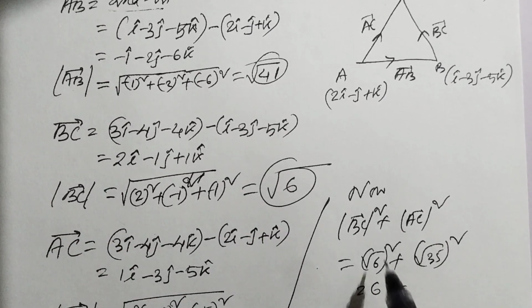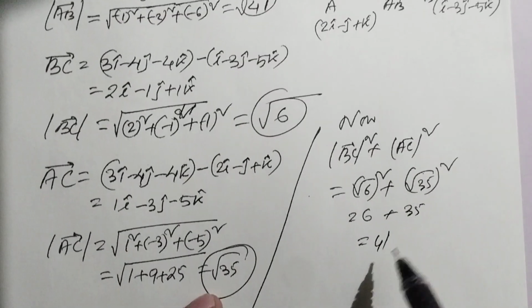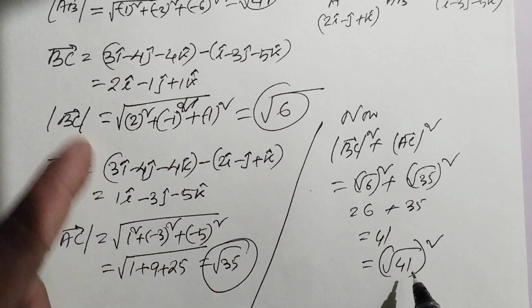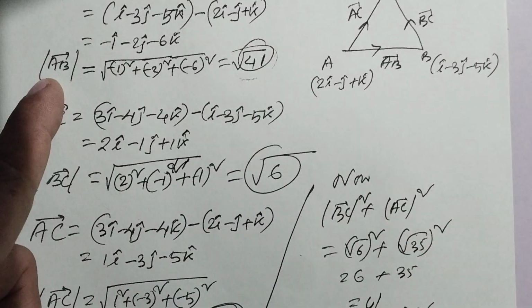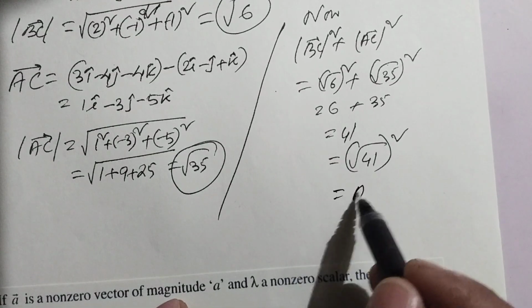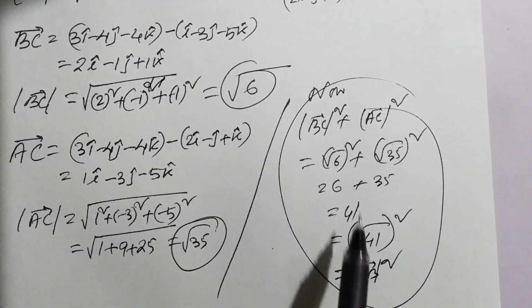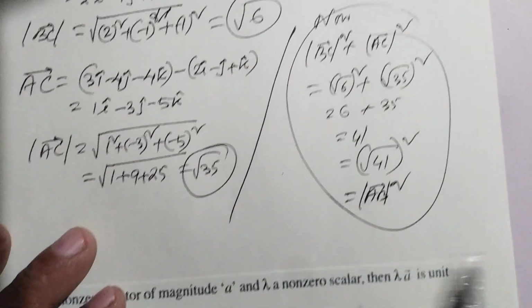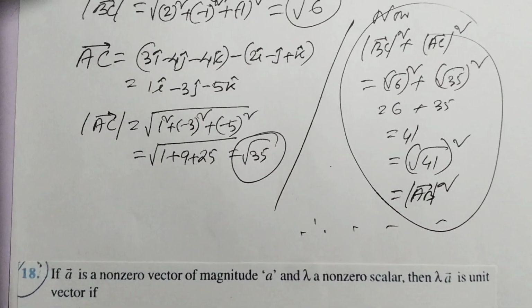So it is 6, square and root got cancelled, and here also square and root got cancelled, again 35, which is 41, and it can be written as root over 41 square, so that in place of this we can use AB magnitude, because AB magnitude is root over 41. So this can be written as AB magnitude square. That means it is satisfying Pythagoras theorem. BC square plus AC square is equal to AB square, and we can say therefore the triangle is a right angle triangle, and this is the complete solution.